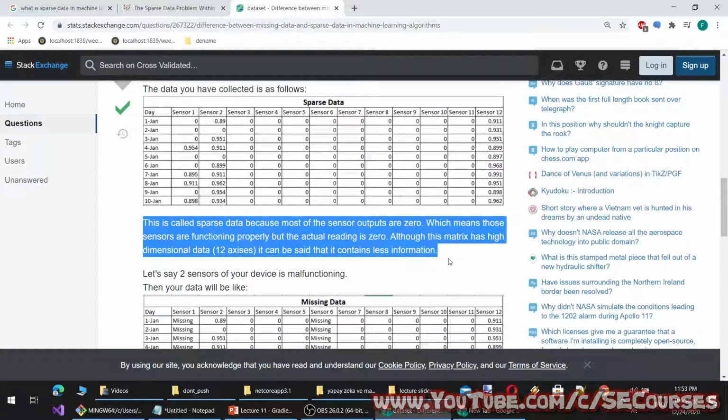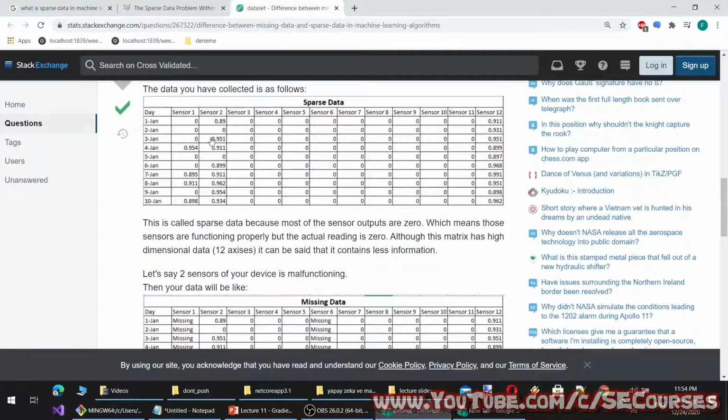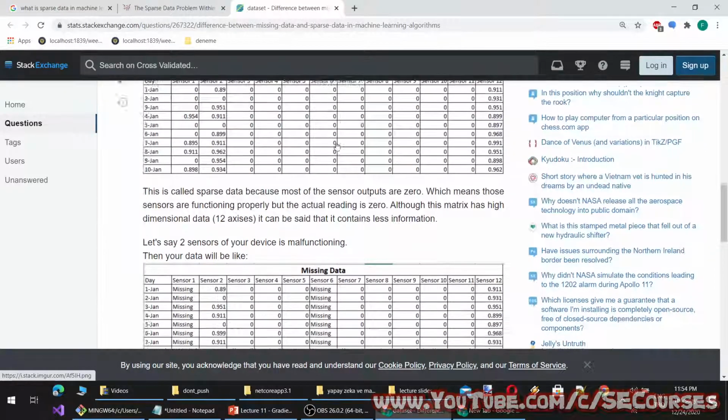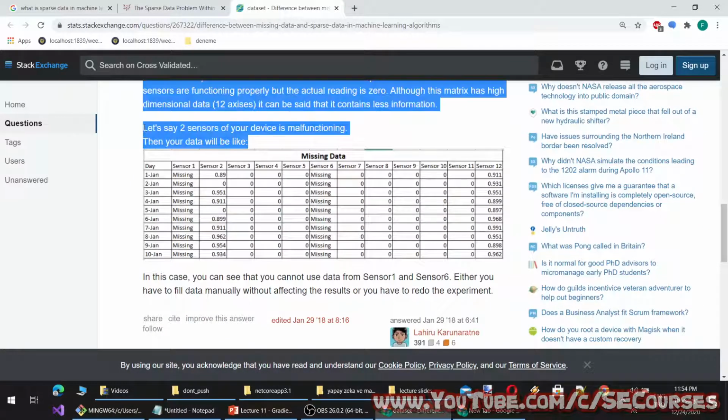Which means those sensors are functioning properly but the actual reading is zero. Although this matrix has high dimensional data, 12 axes, it can be said that it contains less information. So this data set is 12 dimensional because it has 12 features.